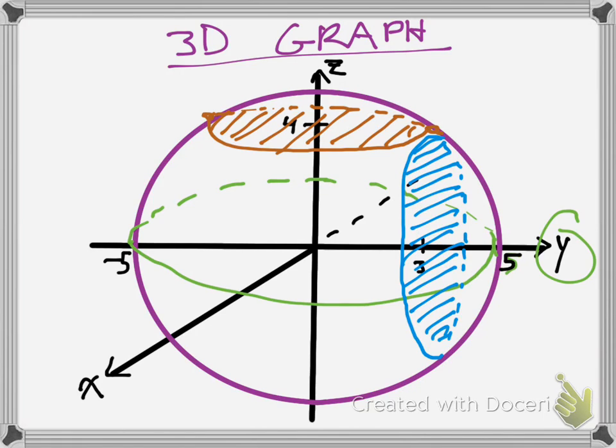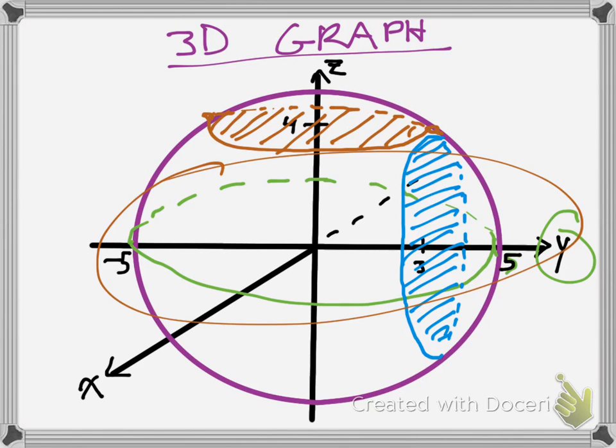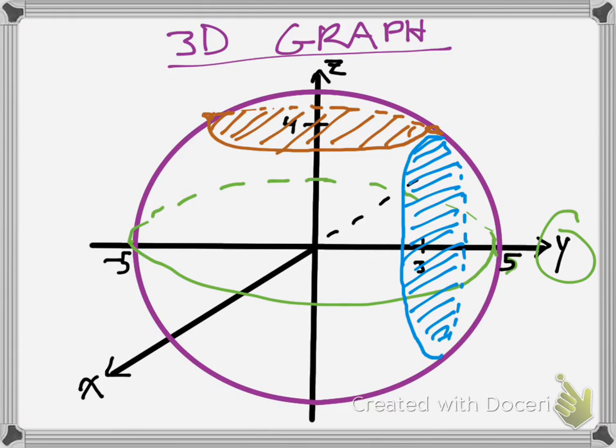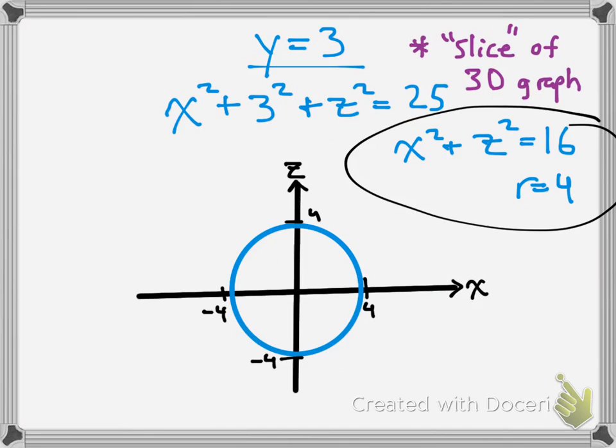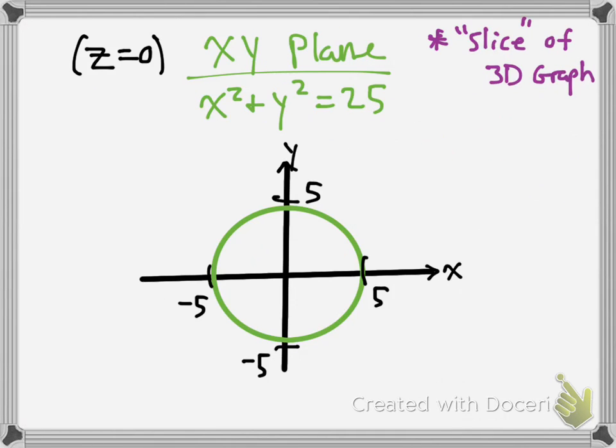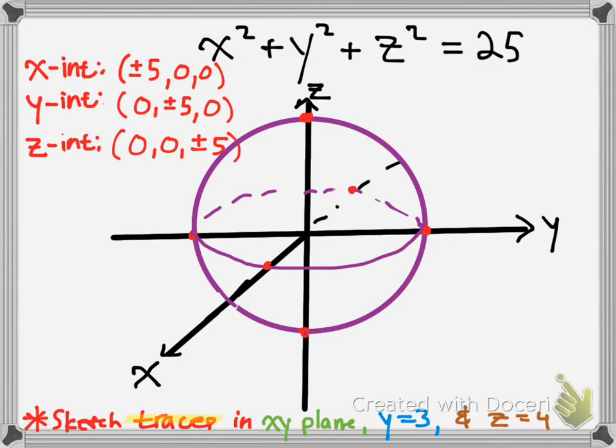But now that you've got the general idea, oh, okay, so it's a circular area vertically and horizontally, and the radius increases to a certain point where the radius is 5 at its max, as you could tell by the xy plane. Therefore, you can conclude that it's a sphere with a radius of 5. Isn't that awesome? You did all the slices, and you figured out what the graph looks like, even if you didn't know what this looked like in the first place.